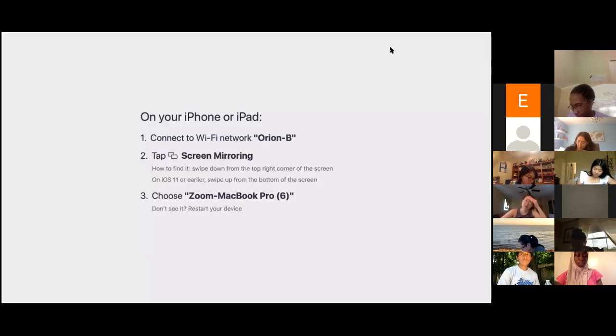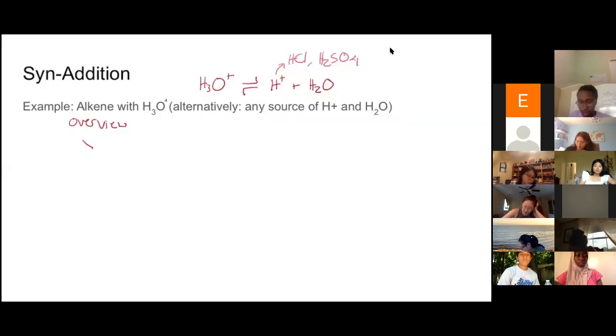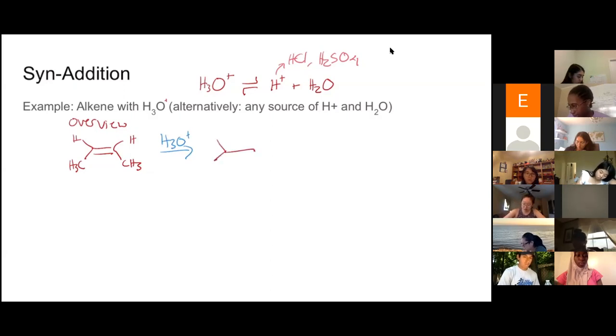Basically, and it looks like screen sharing turned off. Basically, we're going to have an alkene reacting with the H3O+, and creating this nice new molecule, where we have both an alcohol group and a hydrogen, which are both added on the same face of the molecule.